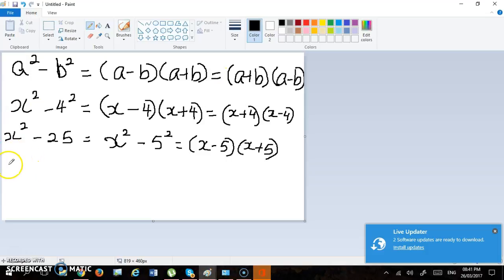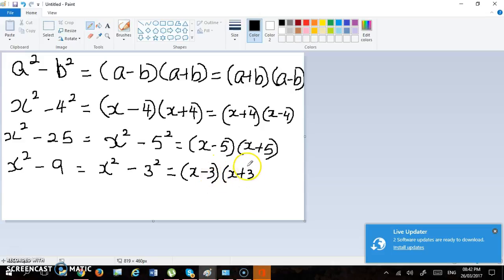So let's try another one. Let's try x squared take away 9. So that's same as saying x squared take away 3 squared, x take away 3, x plus 3. Try another one. Let's say 36.